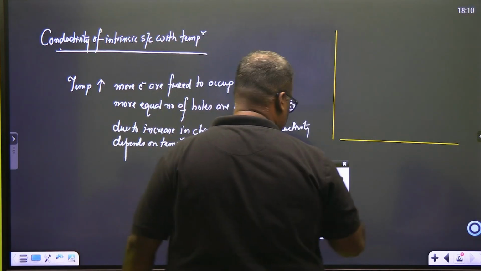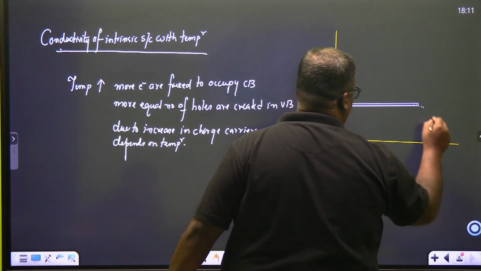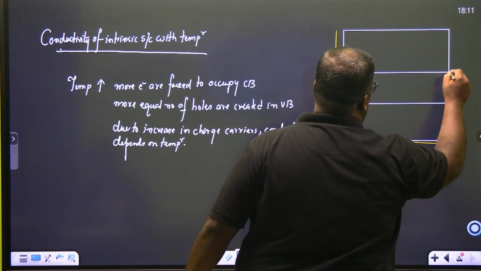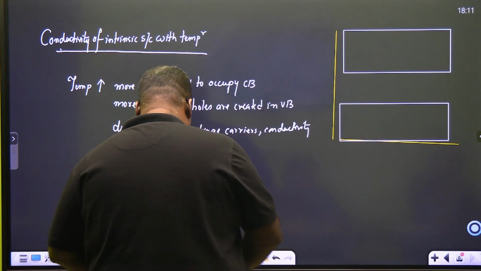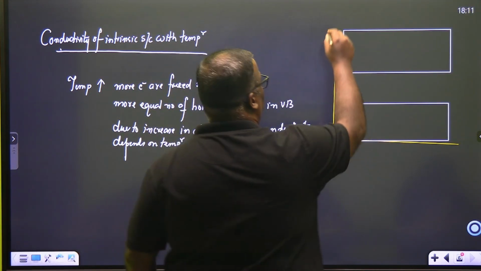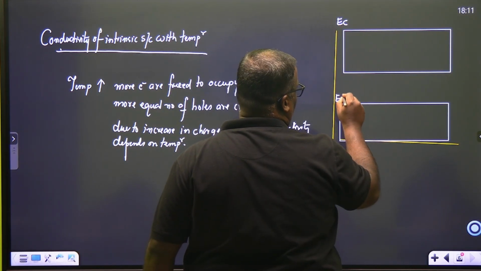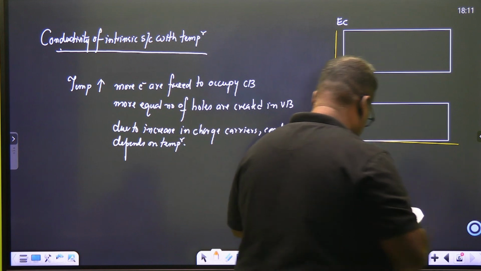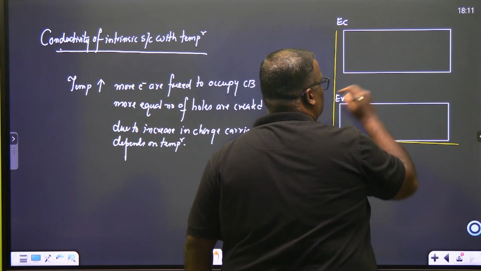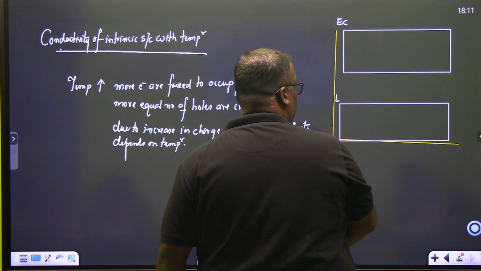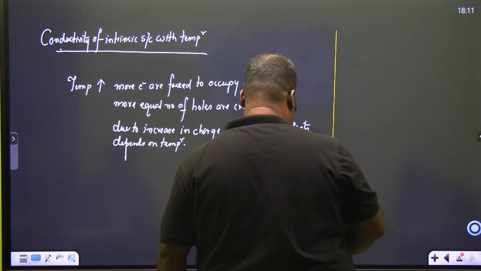So let's make two bands: a valence band and a conduction band. This is the energy of the conduction band, this is the energy of the valence band, EC, EV.